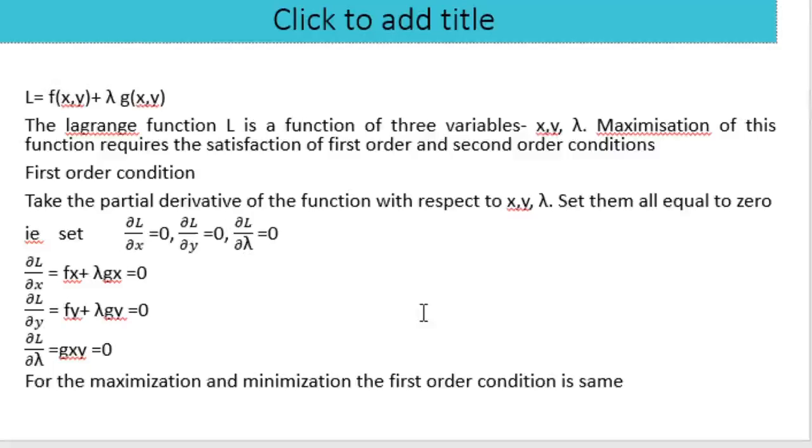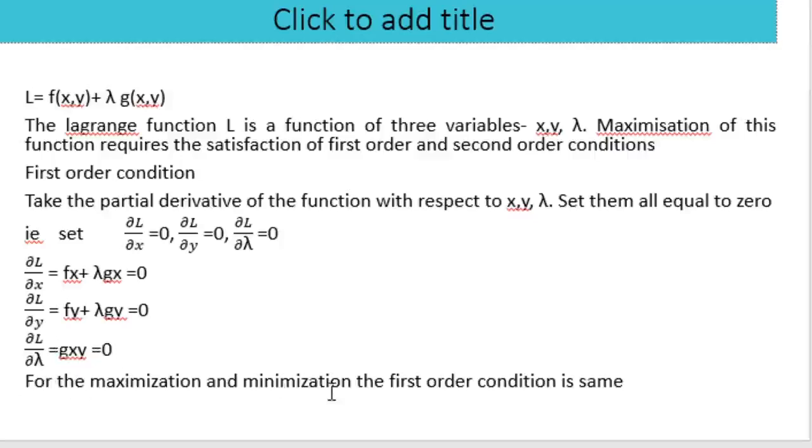Here, dou L by dou x equals f_x plus lambda g_x. That is the differential of this function with respect to x. Likewise, dou L by dou y equals f_y plus lambda g_y, and dou L by dou lambda equals g(x, y) equals 0.